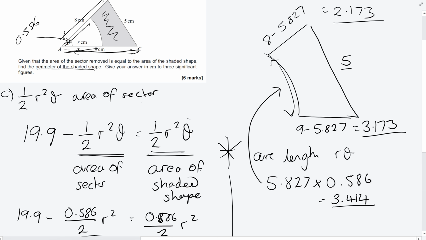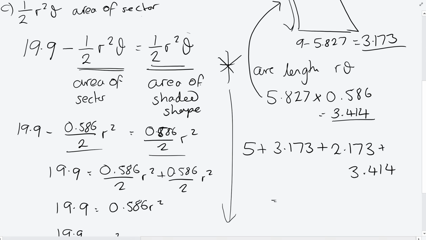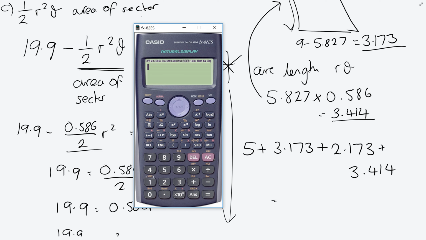So the perimeter is the sum of the 4 things I've just underlined. For completeness, it's 5 plus 3.173 plus 2.173 plus 3.414. In adding all those together, I'm going to get the perimeter of my shape.